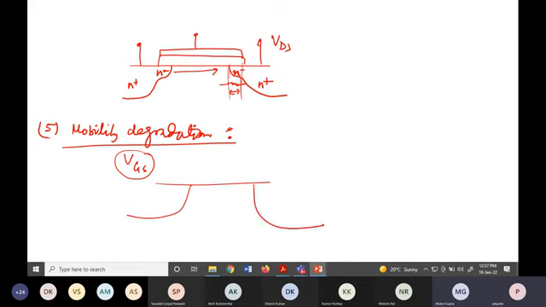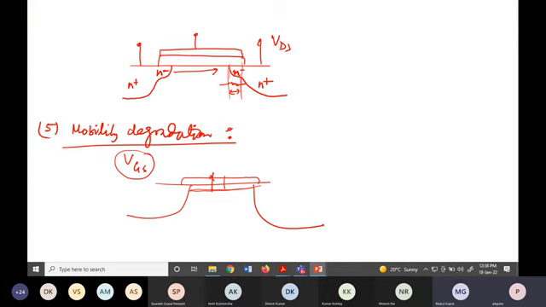So they will be confined within a very thin region at the gate silicon interface. These electrons, because of the appreciable electric field from the gate side, will experience more scattering.